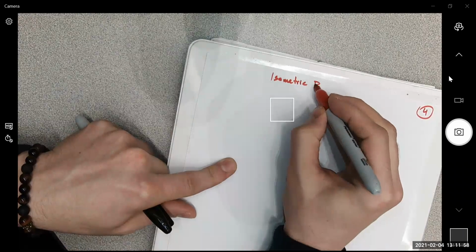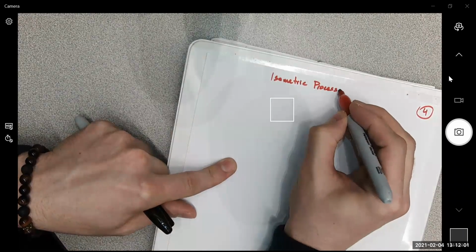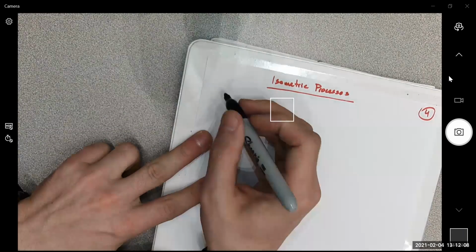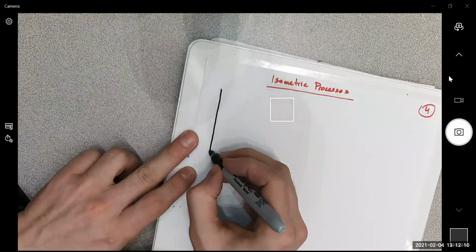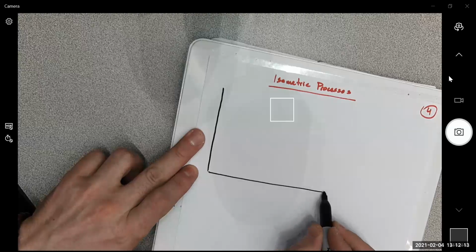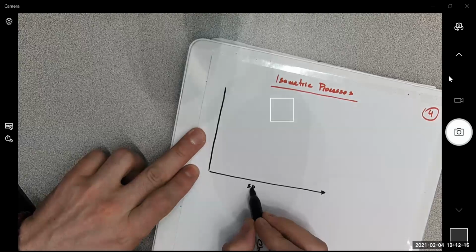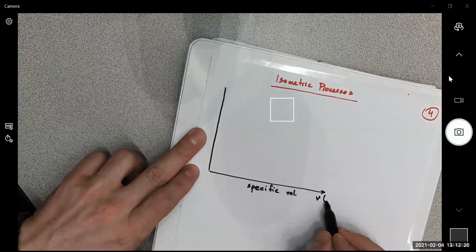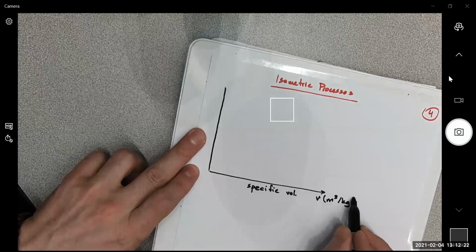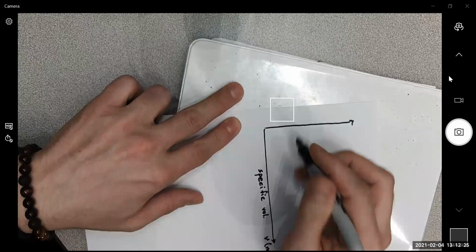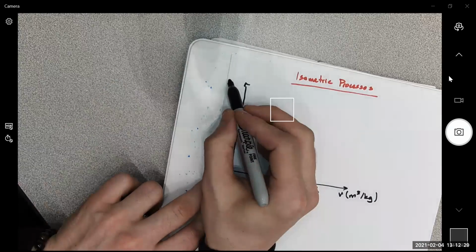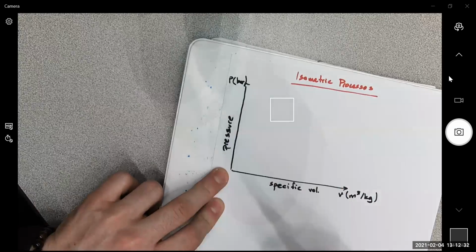Isometric processes. Again, specific volume versus pressure.